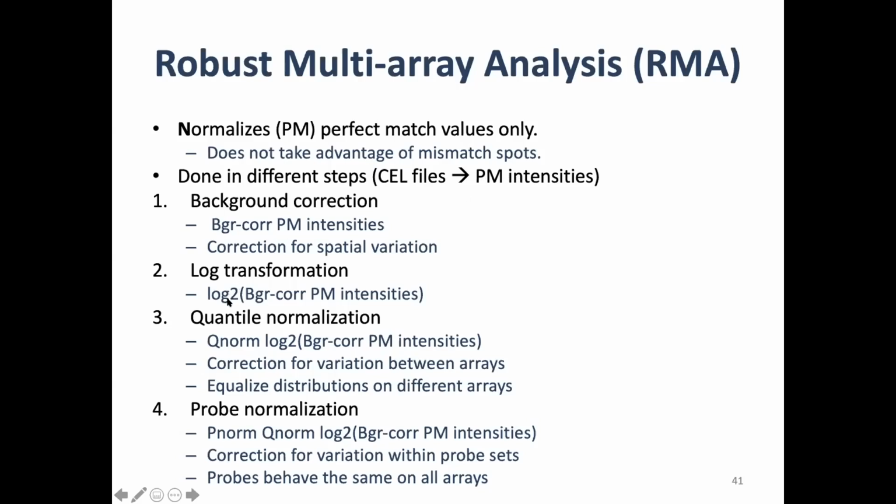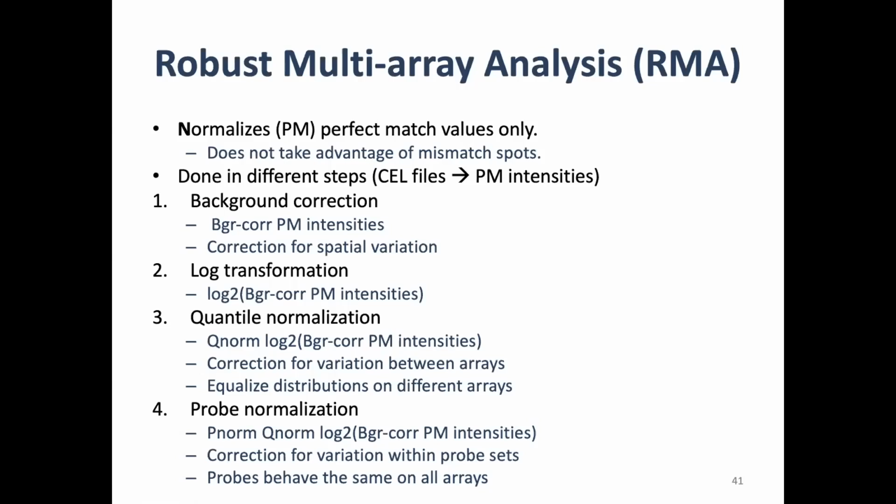Then it does the background correction of PM, so corrections for spatial variation. Then it does the log2 transformation of those background corrected PM intensities. Then it does the quantile normalization of those PM intensities.